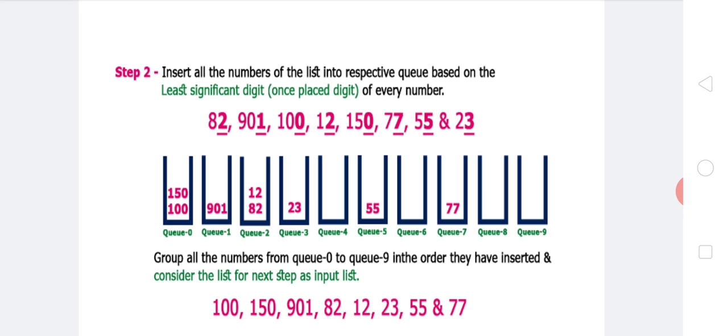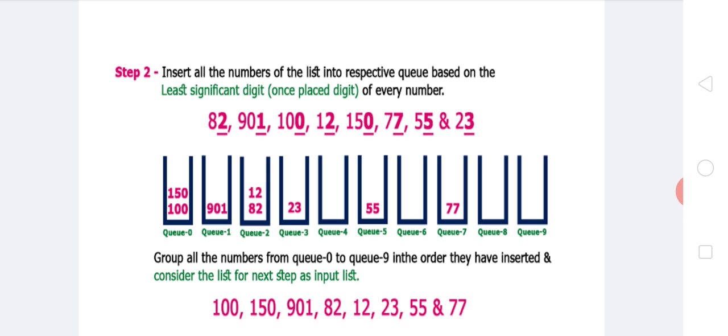In 901, the ones place digit is 1, so I mark 1. In 100 the least significant digit is 0. In 12, 2. In 150, 0. In 77, 7 is the least significant digit. In 55, 5. In 23, 3.